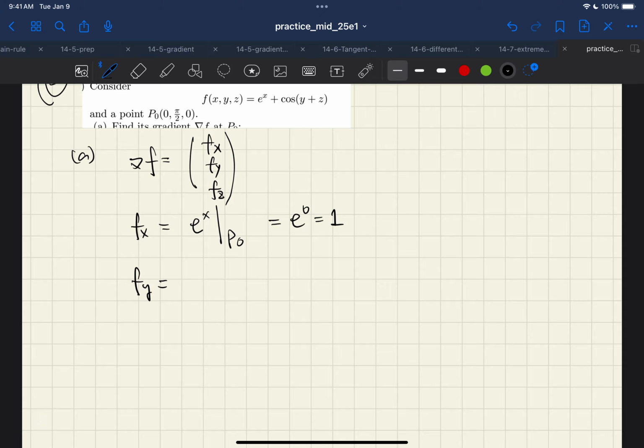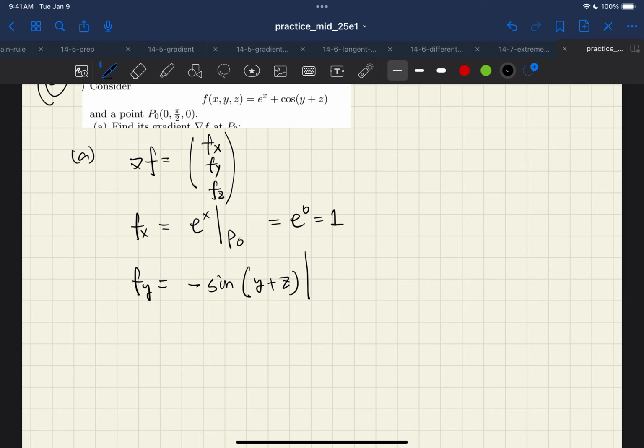What is fy? For the y derivative, this term becomes 0, and for this one we need to use the chain rule. The y derivative of the inside is 1, so it's basically 1.